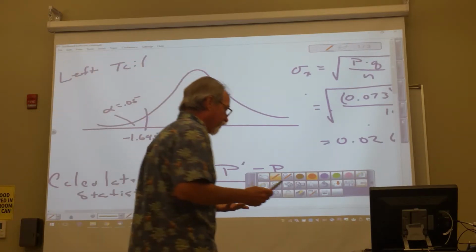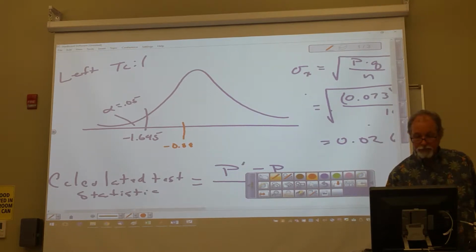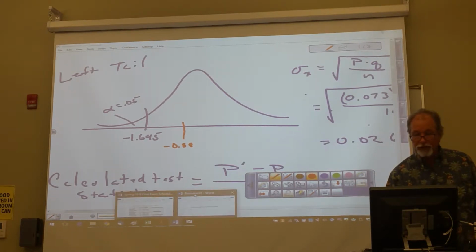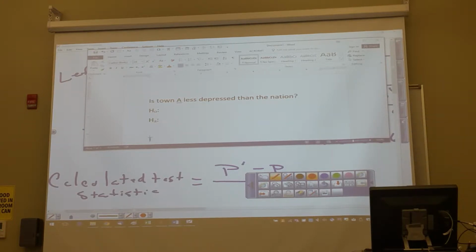Yeah. So based on this information, what would I say about the null hypothesis? That we do not reject the null hypothesis. Well, no, I gave you some verbiage. There is not enough evidence? Sufficient. What's sufficient? What type of evidence?